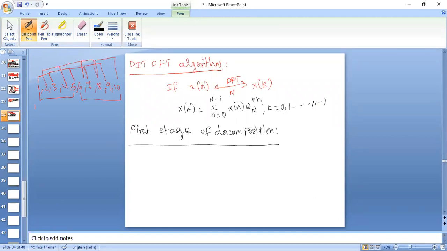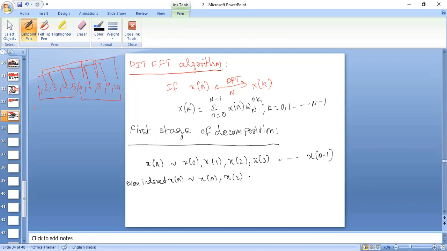Here it starts with 0, so we should split the sequences as follows. Suppose x of n has x of 0, x of 1, x of 2, x of 3 and so on, x of n minus 1. Then the even indexed sequence x of n consists of x of 0, x of 2, x of 4 and so on.